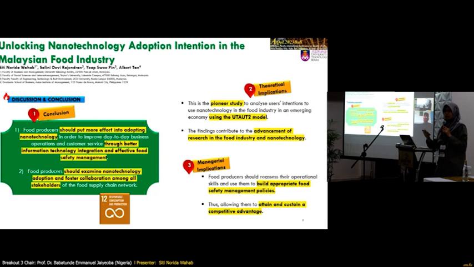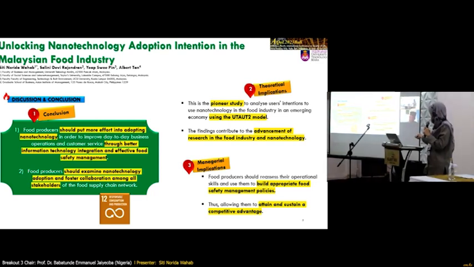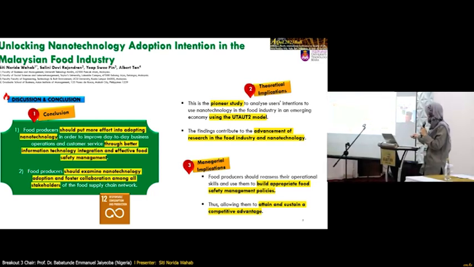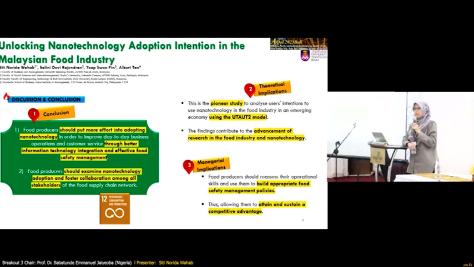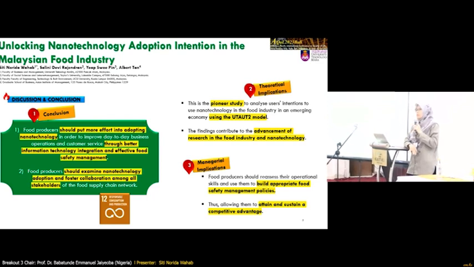Whatever food policies we have now, we may incorporate nanotechnology elements, and this might also allow the stakeholders to attain and sustain a competitive advantage, because if food producers do not go into technology adoption, we are left behind.